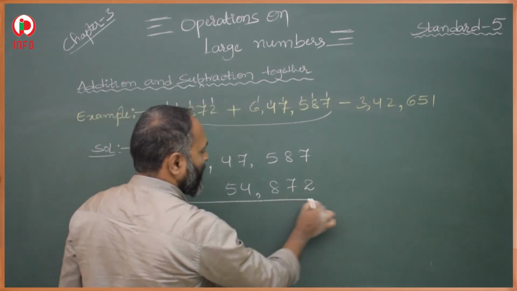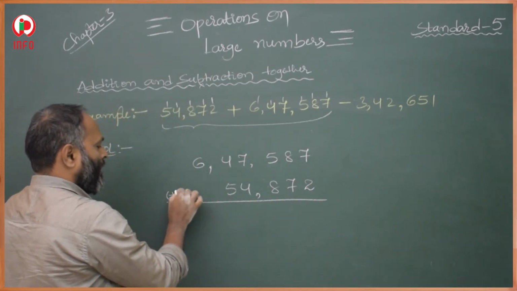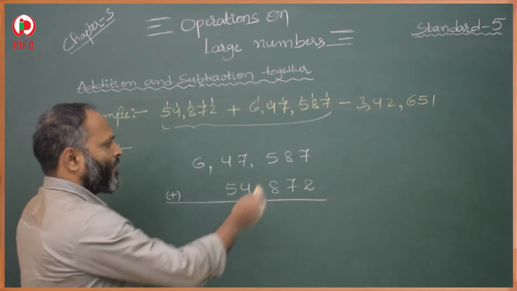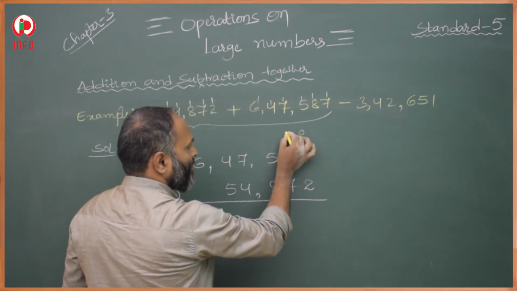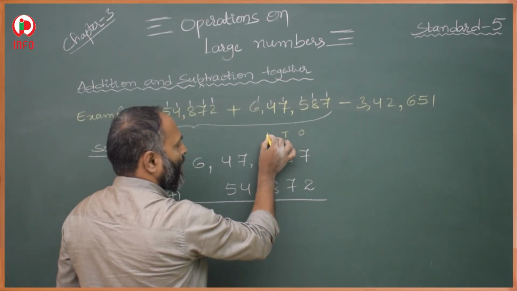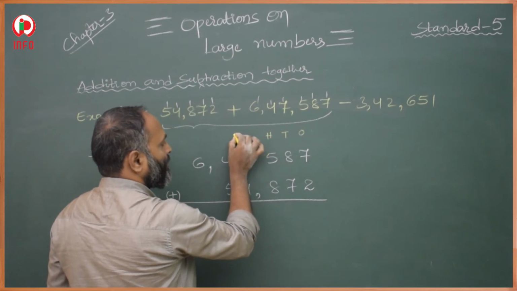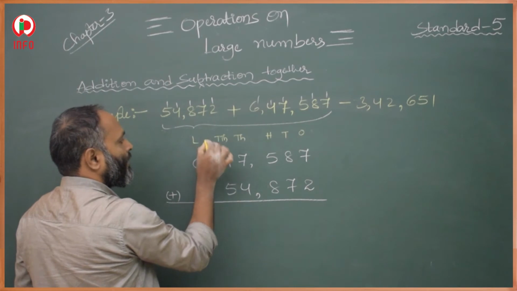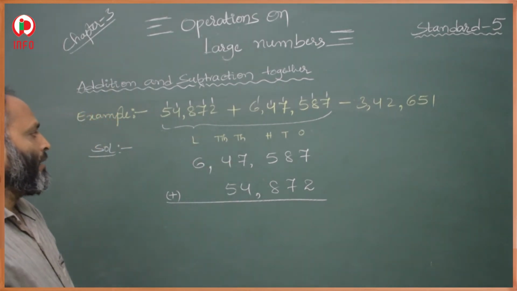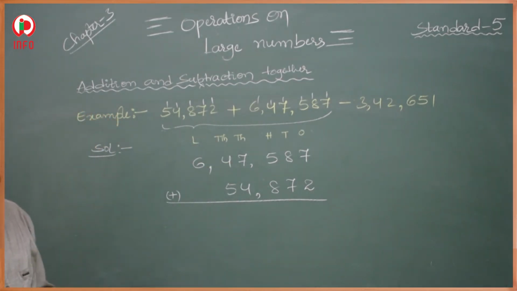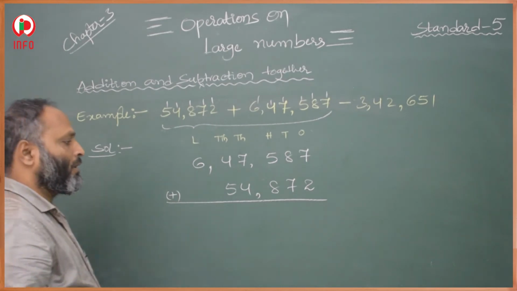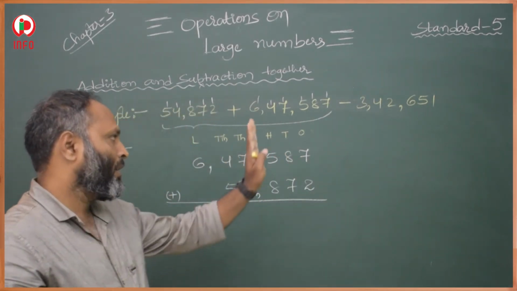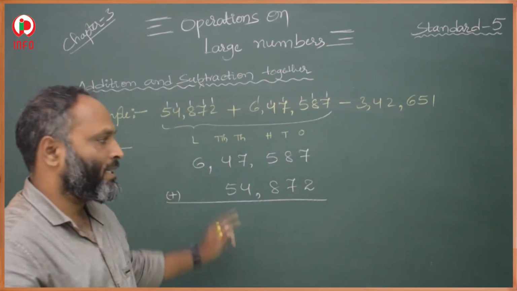Now we have to add both, since addition is given in between. First we write the place values: ones, tens, hundreds, thousands, ten thousands, lakh. Now we add all these place values from right to left, from the ones place to the lakhs place.